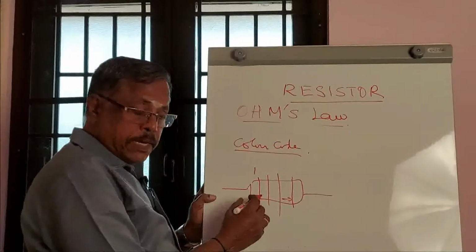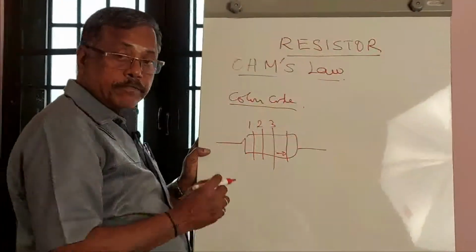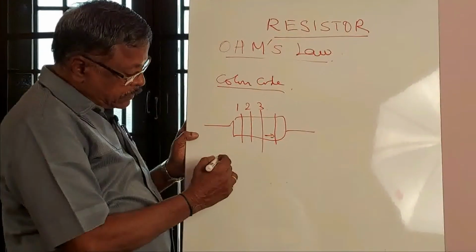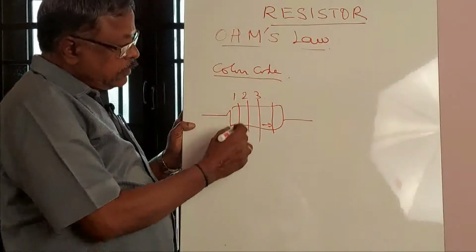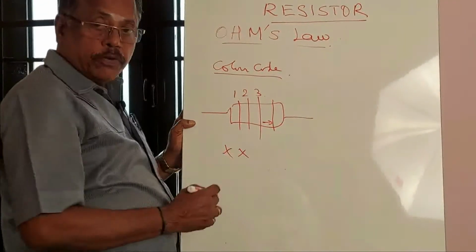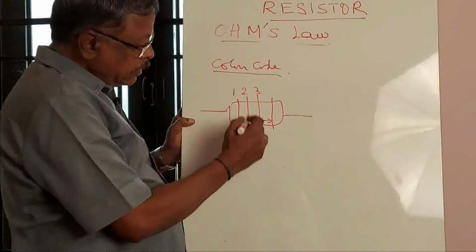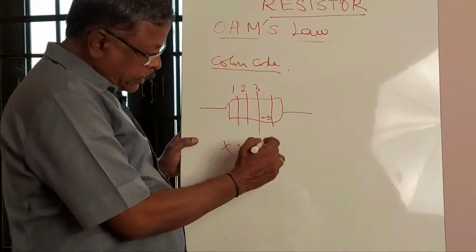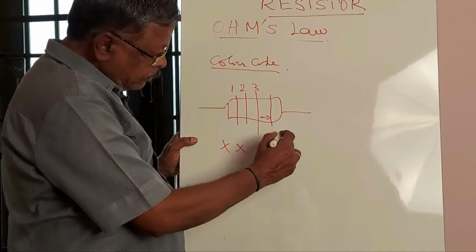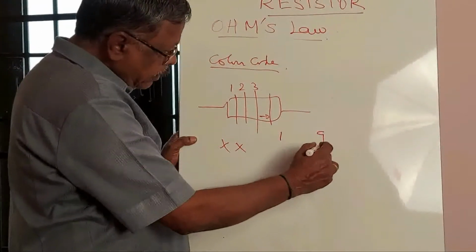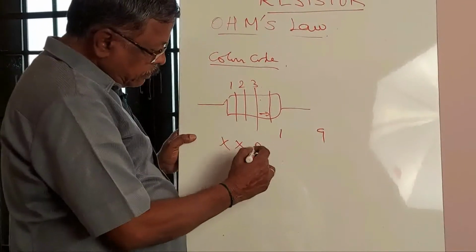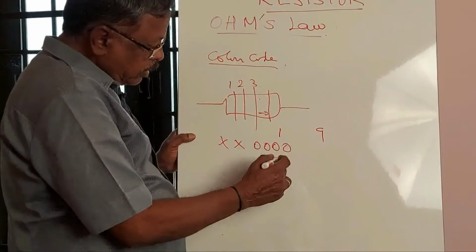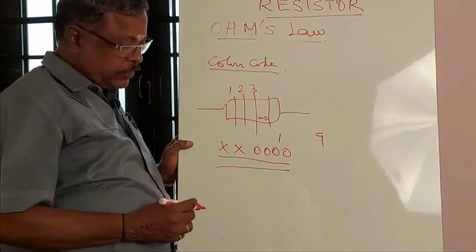This is the first band, second band, third band. The first band represents a particular number, and the second one represents a particular number. The third represents a value from 1 to 9, and that many zeros are to be added to find the actual value.